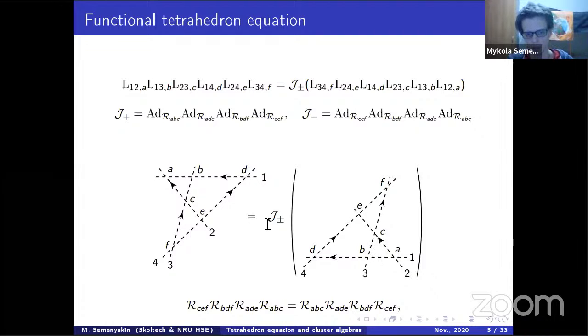And the statement that the operators which conjugate this to get this are equal is the statement of the functional tetrahedron equation, which is an equation for R matrices. Now, it doesn't involve these L operators.